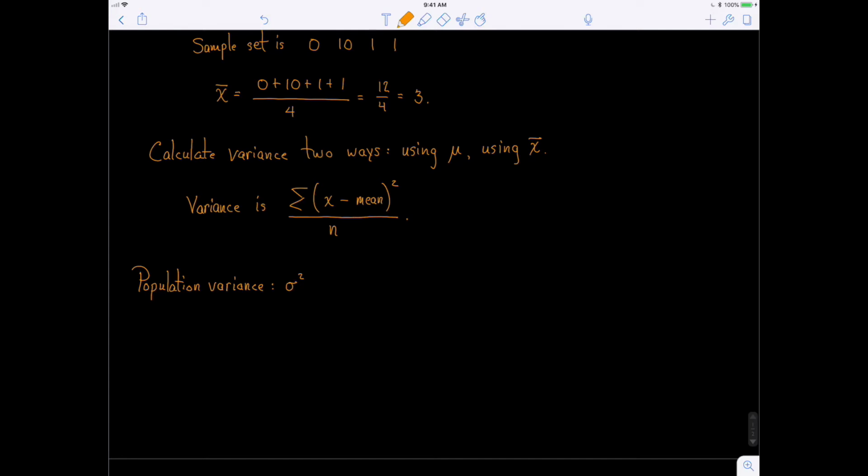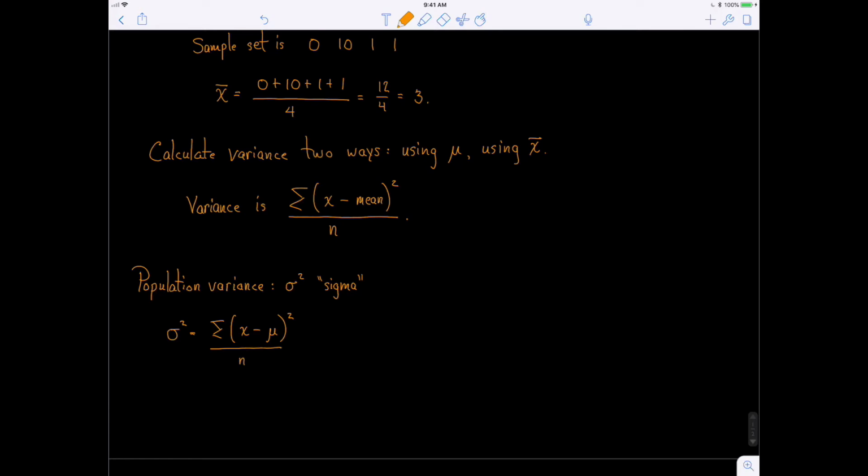Population sigma squared. That's how we read that. Sigma is the letter, and the 2 is the squared. So sigma squared equals, specifically, the sum of the data minus mu, squared, divided by n.